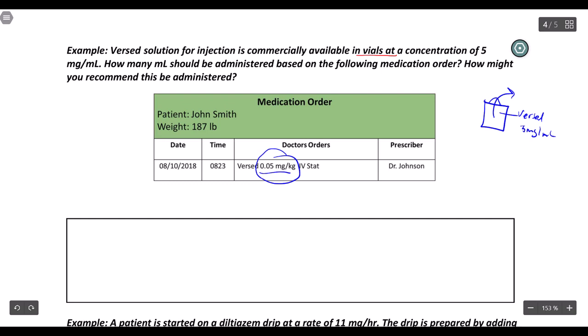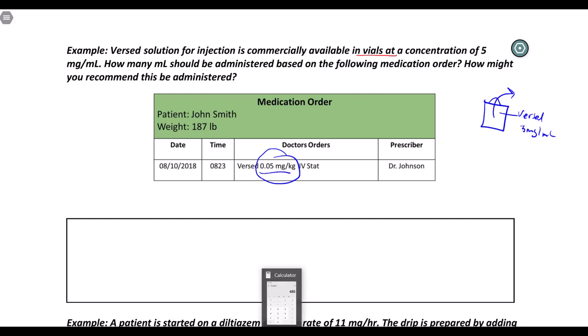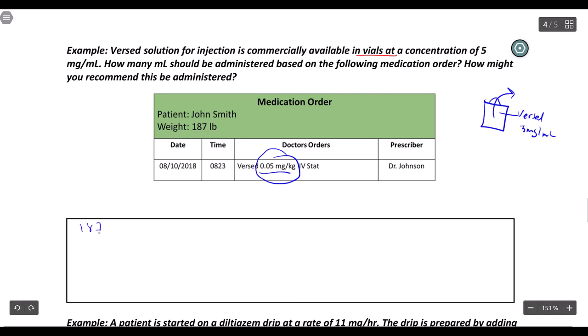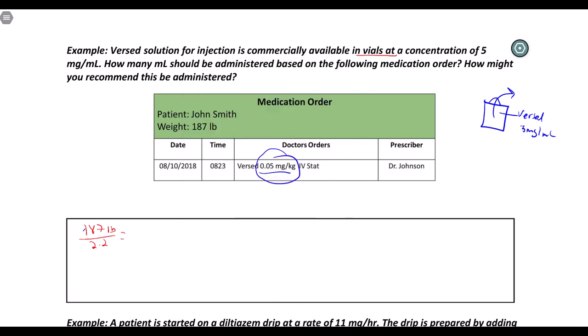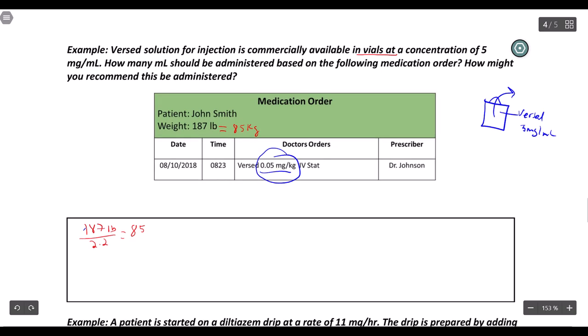So I know that 187 pounds divided by 2.2 is going to give me my kilograms. So immediately 187 divided by 2.2 is 85. So the person's weight is equal to 85 kg. So we've got an 85 kg individual.